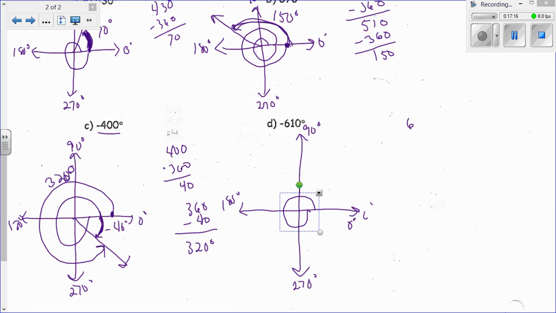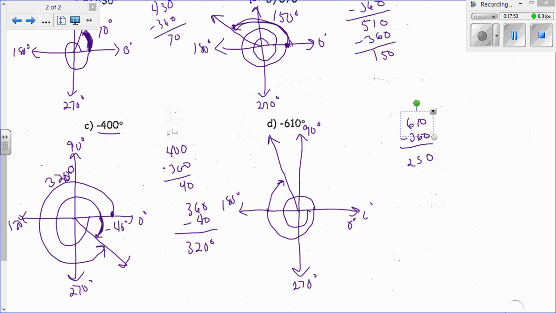So 610 minus 360 is 250 degrees. Well, 250 degrees is going to put me into quadrant 2 because I'm going backwards. So this is a 180. And if I were to go all the way up to a 90, that's 270. So I'm going to go approximately here.